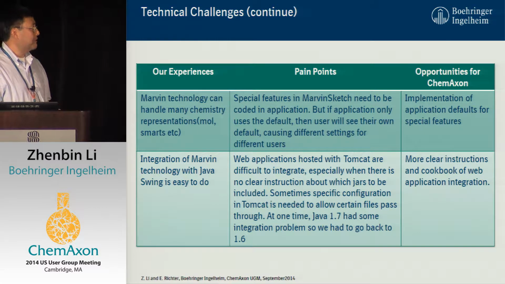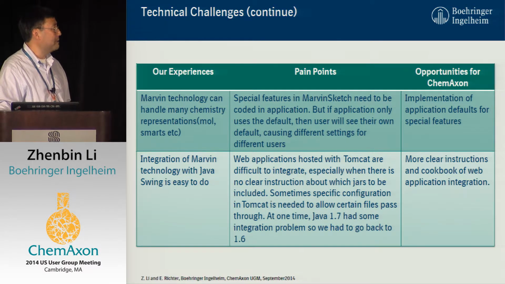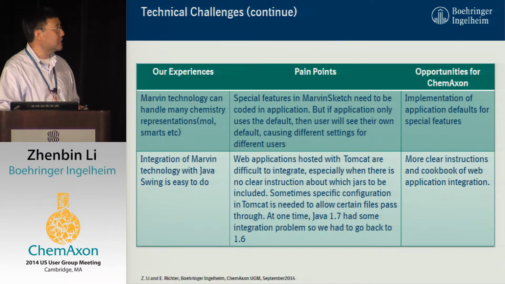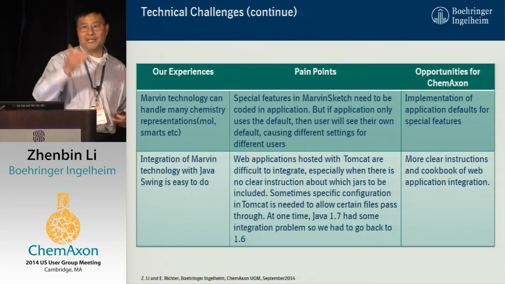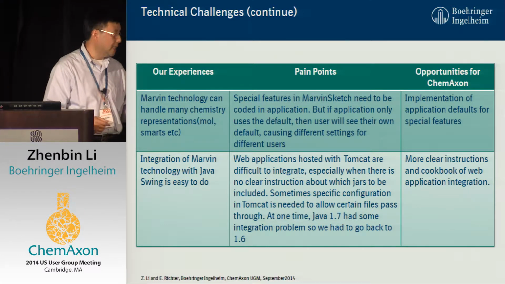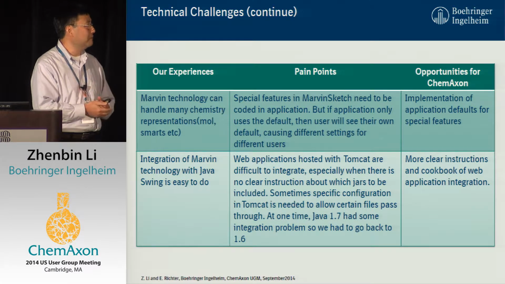Integration of the Marvin technology is really good, especially in Swing applications. But in the web application, we encounter difficulties. One is how many jar files and how many libraries we need to introduce to make it work.